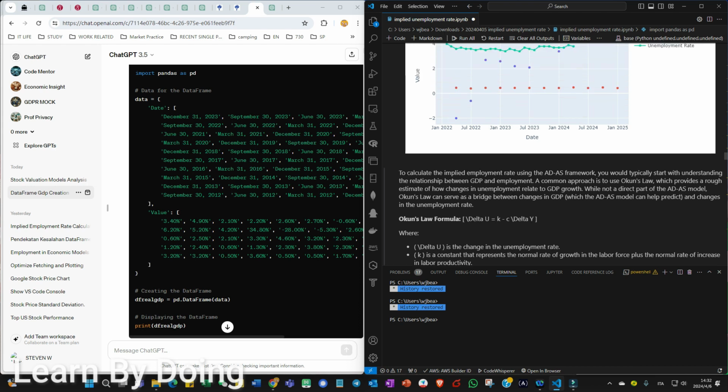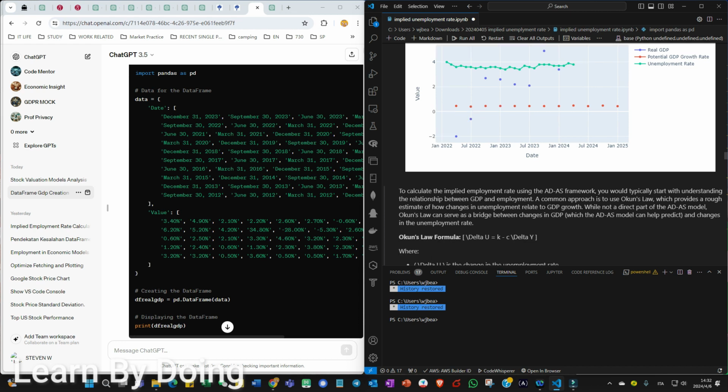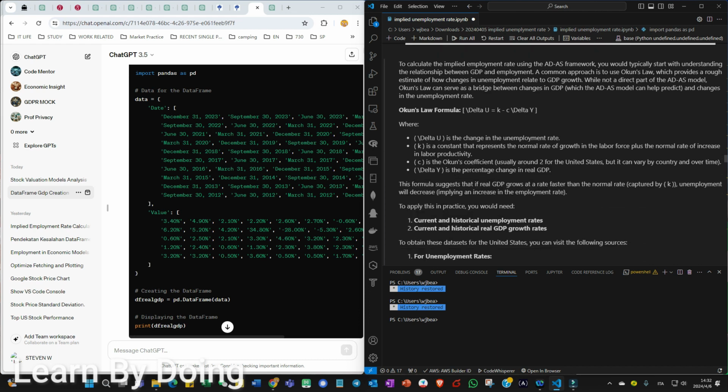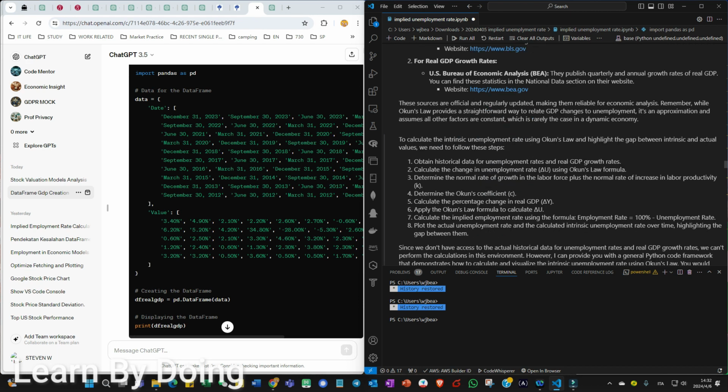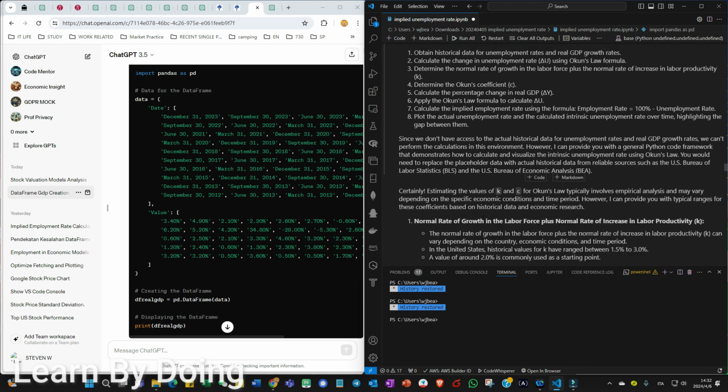Because I know from experience, when you want to debug faster, if I'm stuck in GPT-4, it's better that I change to 3.5 to get a quicker response. So just want to share with you that from this step, I also went back to the original data frame. I changed it several times to get the result you see now. But I would like to save your time and not go over it again.